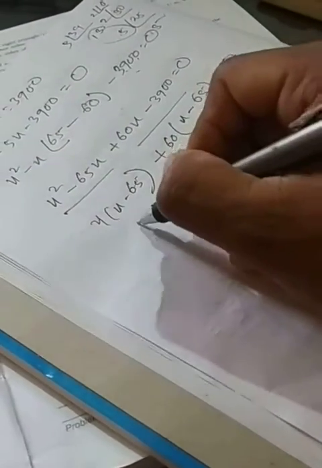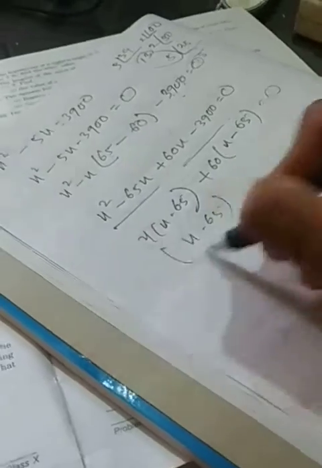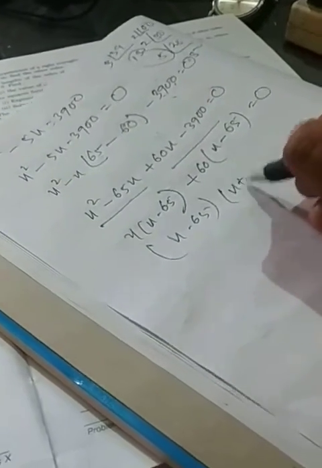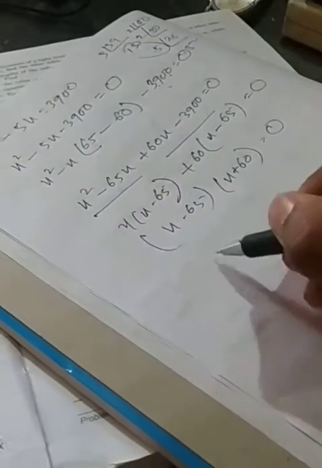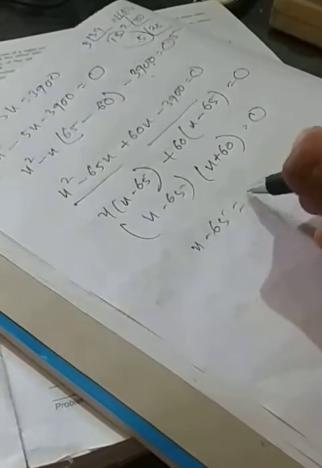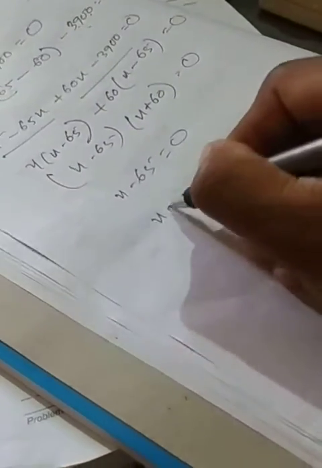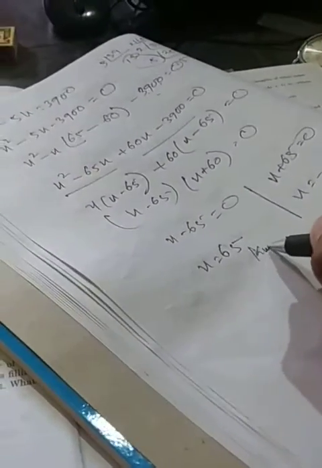Now this bracket and this bracket are matching, so x minus 65 equal to 0. So x equal to 65. Original speed is 65, since x plus 60 would give a negative value, we reject it. So this is the answer, kilometer per hour.